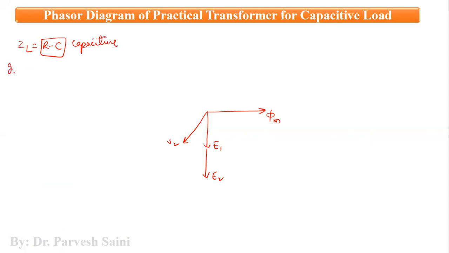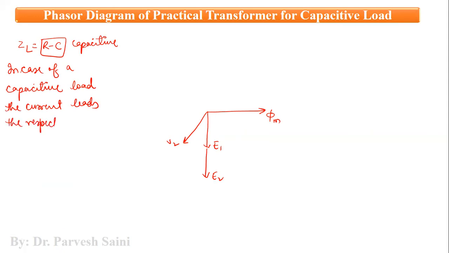In case of a capacitive load, the current leads the respective voltage by phi, right?